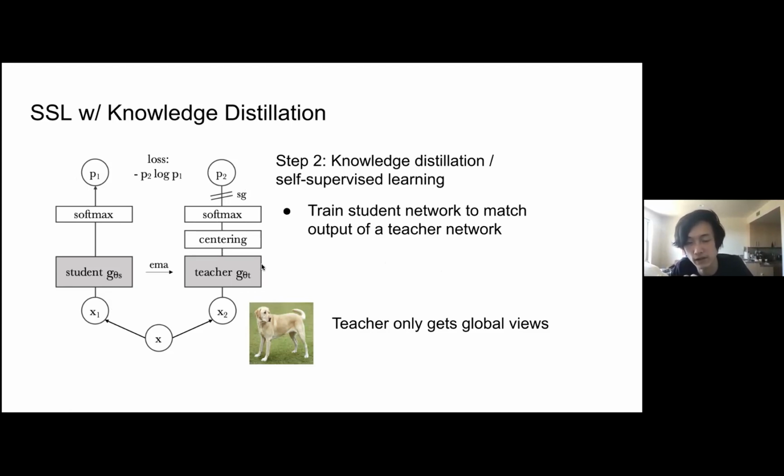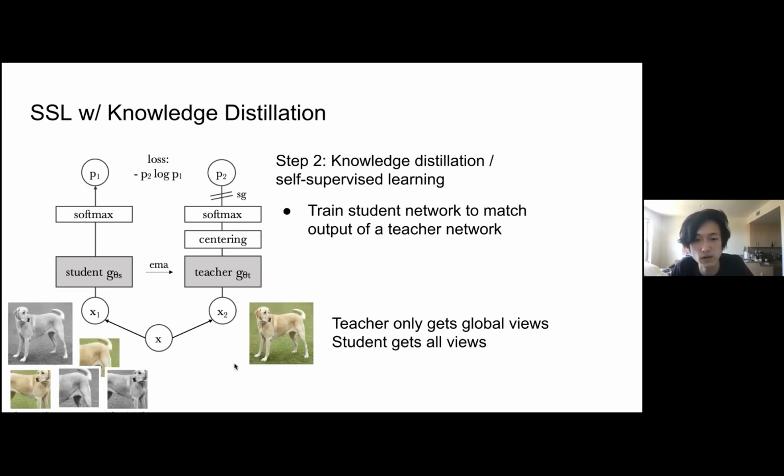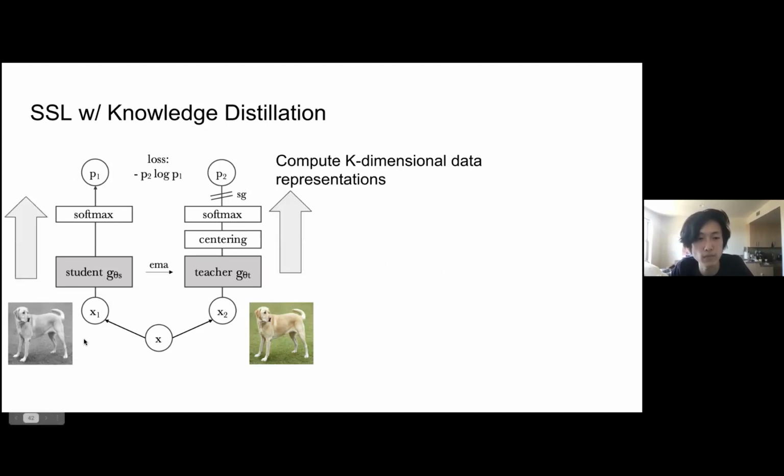They're different actual networks. Let's say the teacher only gets the global views, and the student gets all the views. For one source image we pass these views through the student and teacher networks, and we get these K-dimensional representations.